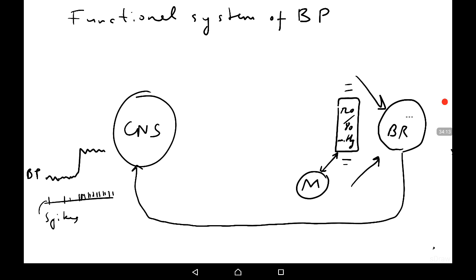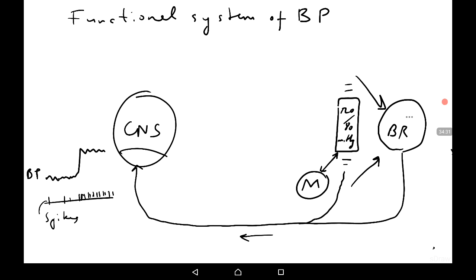In the central nervous system, we may find also baroreceptors. Therefore, we can draw also such a link directly from the blood pressure to the CNS. So this is the feedback afferentation from baroreceptors to the CNS.